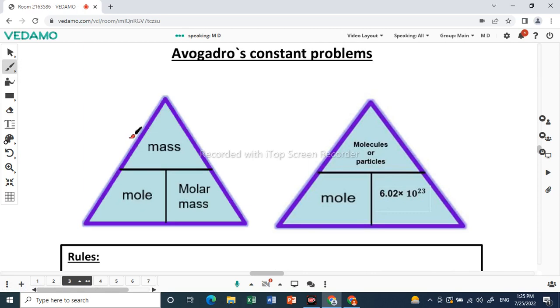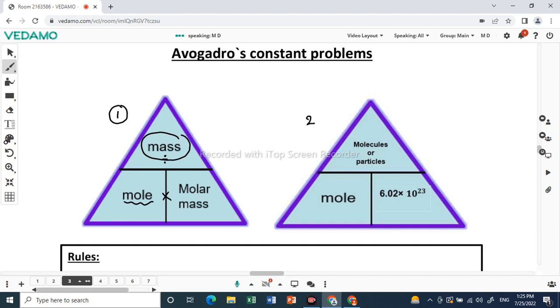The first triangle rule, number 1, shows the relationship between the mass, mole, and molar mass. Of course, if you want to calculate the mole number, you need to take the mass and divide it over the molar mass. But if you want to calculate the mass in grams, you will be taking the mole and multiplying it by the molar mass.